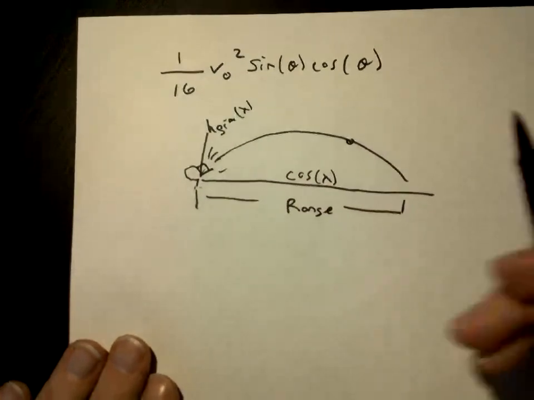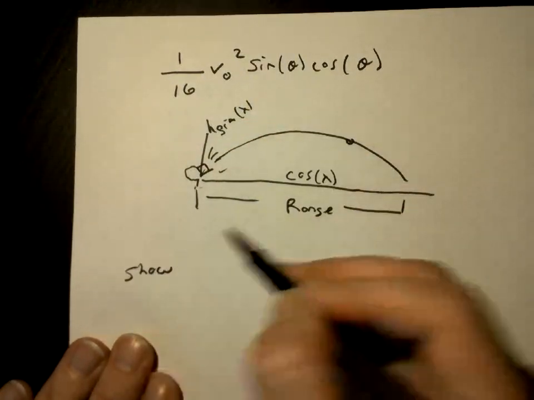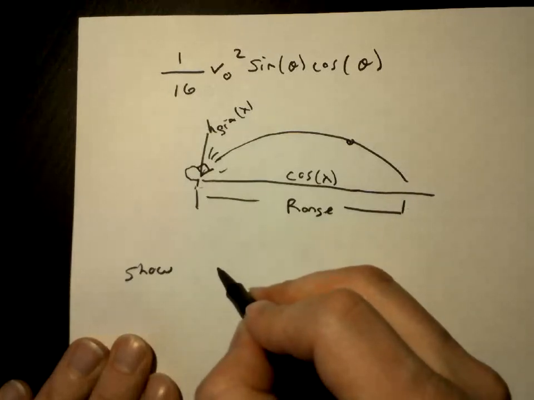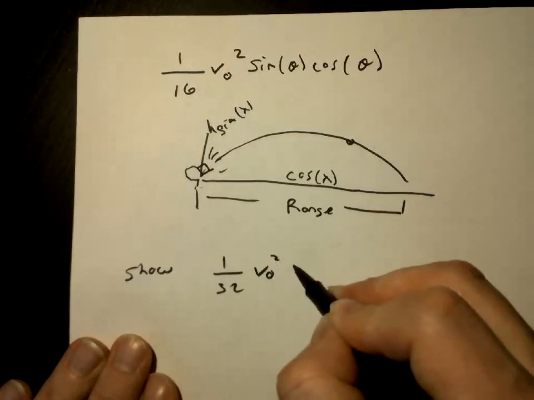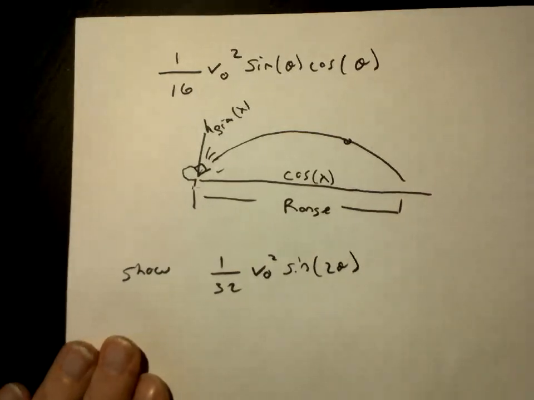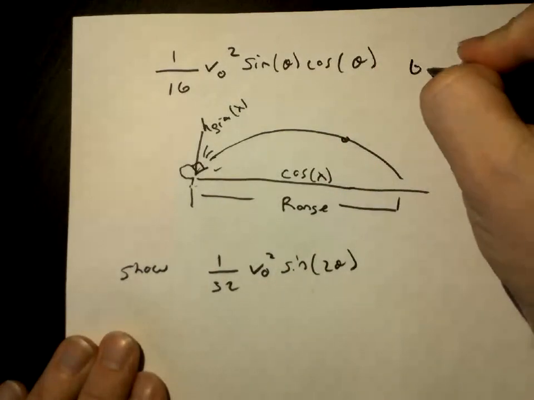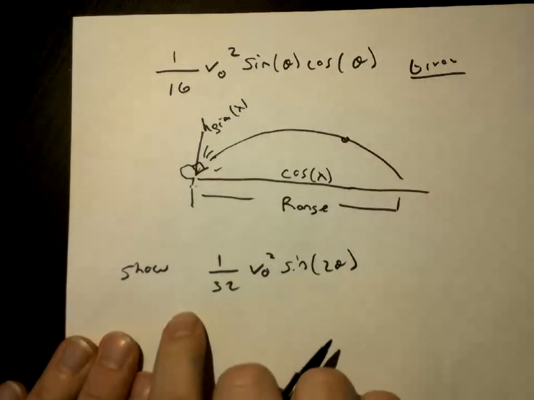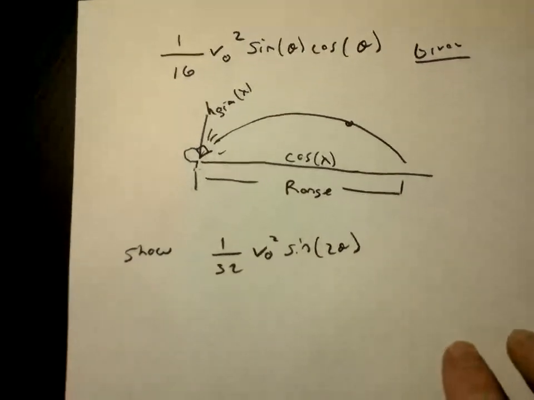What I want to do is take this equation and show this one. This is given, but I want to show this, and I want you to understand this.